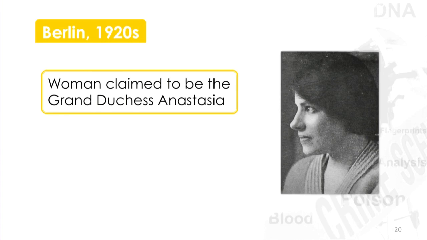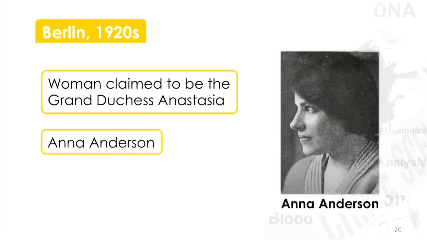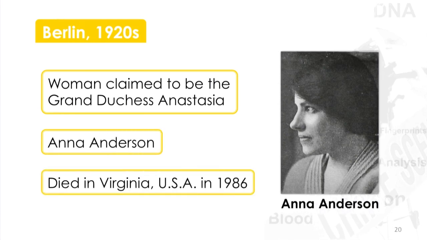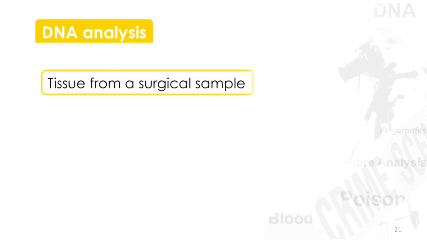Well, ultimately, this woman emigrated to America, married an American, became Anna Anderson, and died in the state of Virginia in the United States in 1986. Sometime after, she was subjected to a DNA analysis. Now, when she died, her body had been cremated, but at some point she had had a medical investigation and there had been a biopsy, and the tissue taken for that biopsy had been preserved.